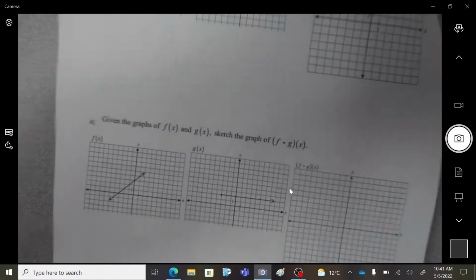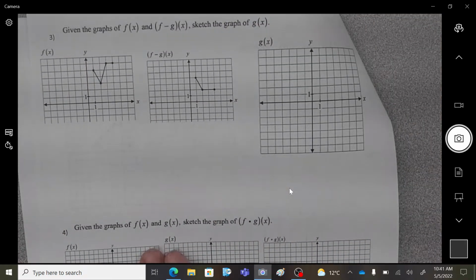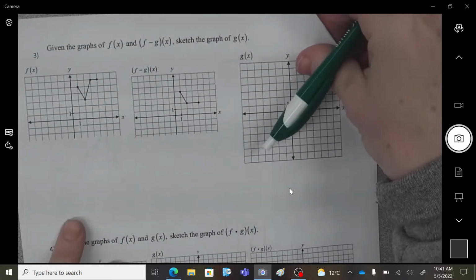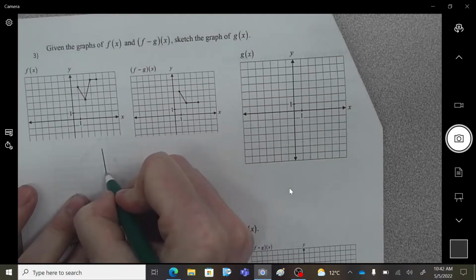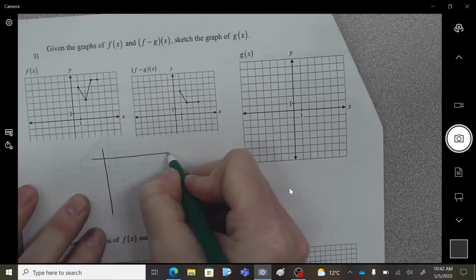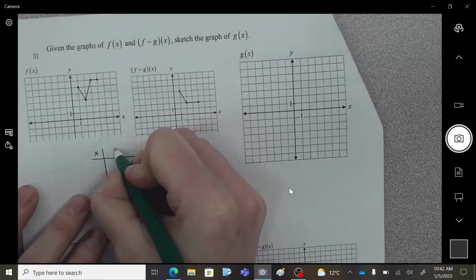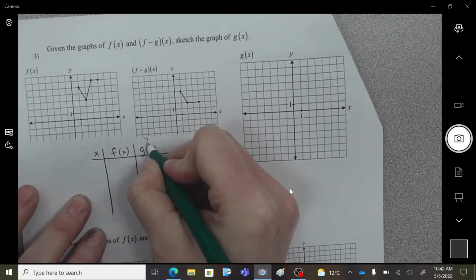Okay, we are given the graphs of the f function and the f minus g. We have to graph the original g. Okay, f of x, g of x, which we don't know.